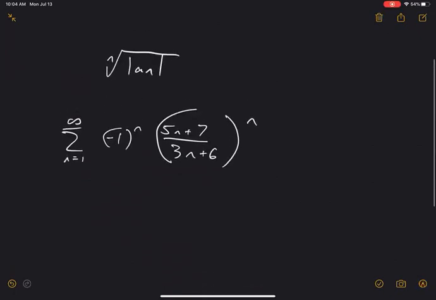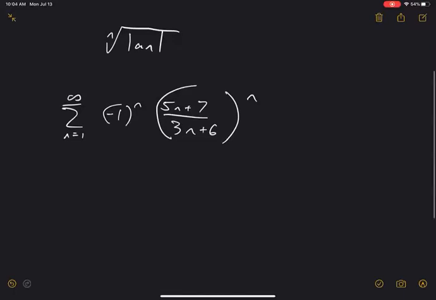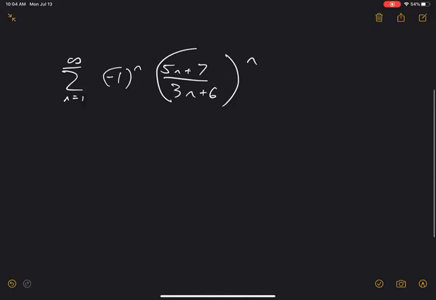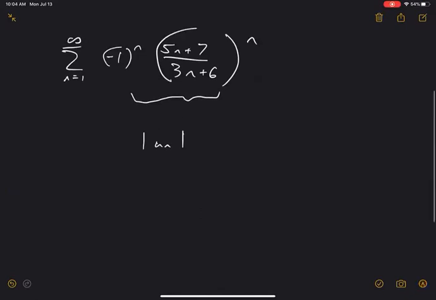Let's say I want to execute the root test. Before we talk about what the root test is saying, what's the machinery? This is my a_n, so I want to take the absolute value of a_n. The only thing that changes is that the negative gets canceled out. So that's my absolute value of a_n.